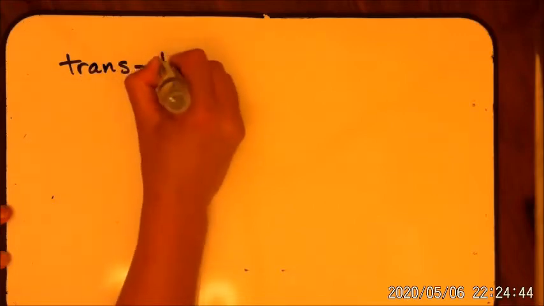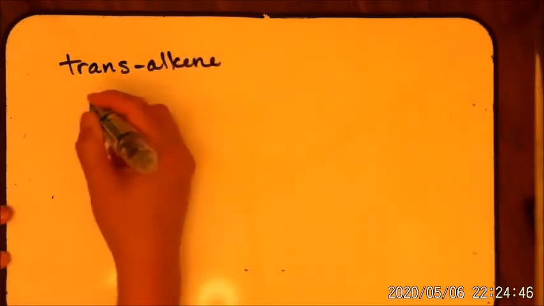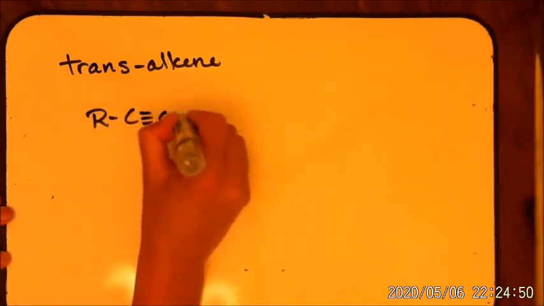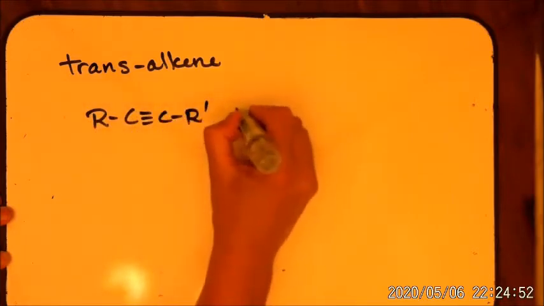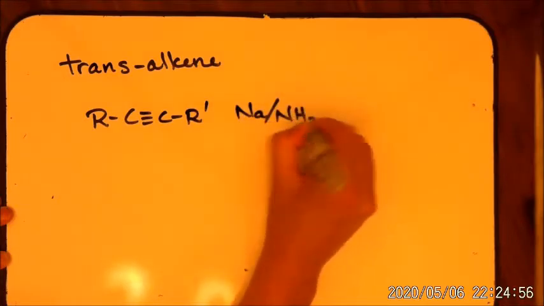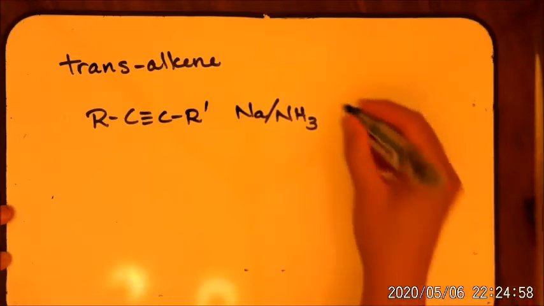To make a trans alkene, you're going to do a reduction. Yes, sodium metal with liquid ammonia.